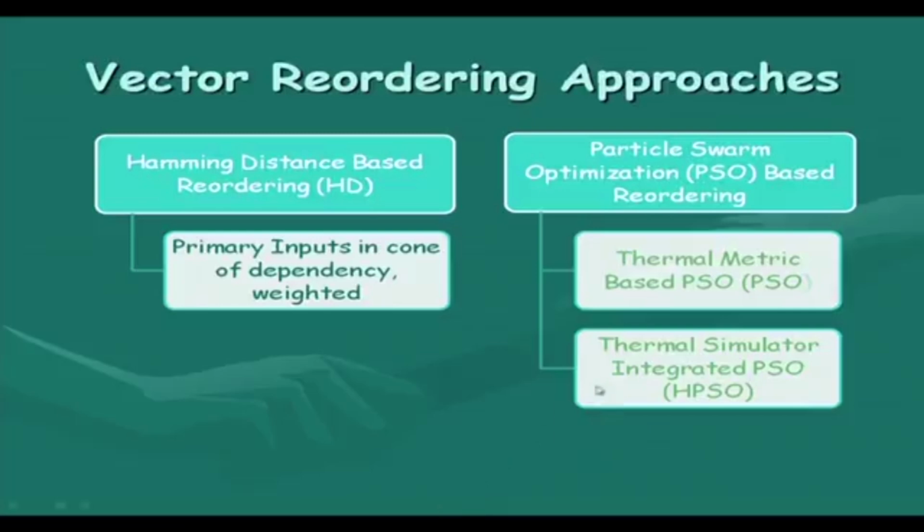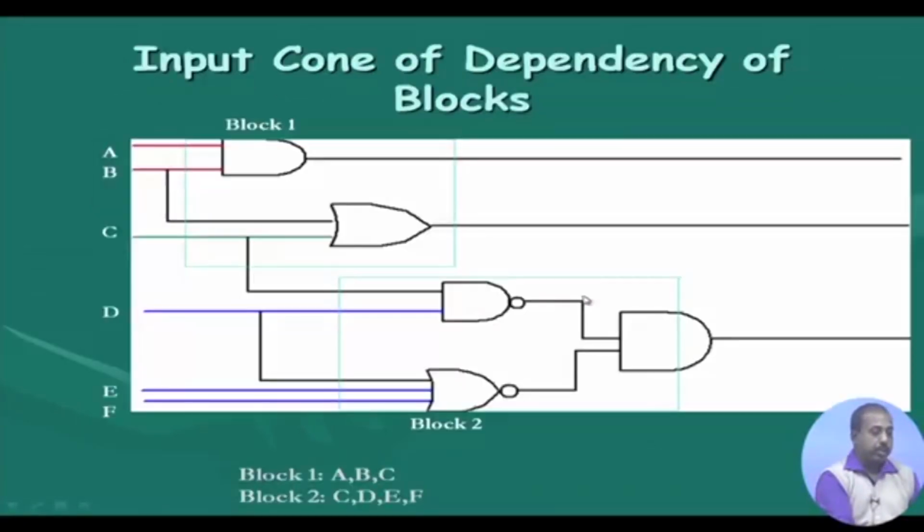Naturally, the results will be best when the thermal simulator is integrated into the optimization process, but the computation time will be more, so that may not be feasible in many cases. On the other hand, in the thermal metric based PSO, some metric will be utilized that is expected to reduce the temperature.